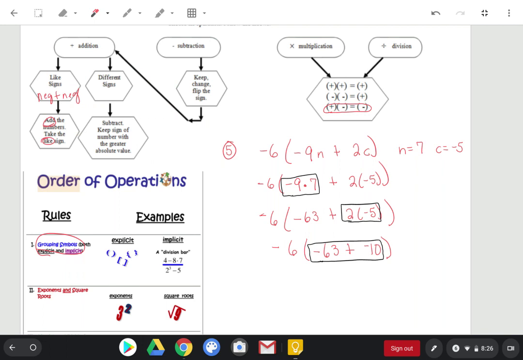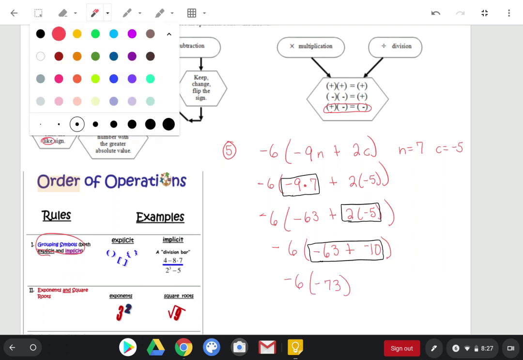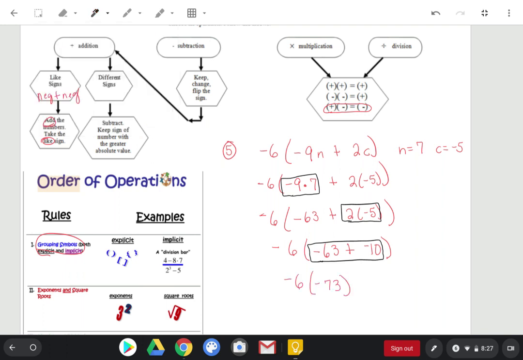So I have negative 6 times negative 63 plus negative 10. 63 plus 10 is 73. And then I need to keep that negative sign of both numbers. Okay, now the only thing left to do is this multiplication of negative 6 times negative 73.